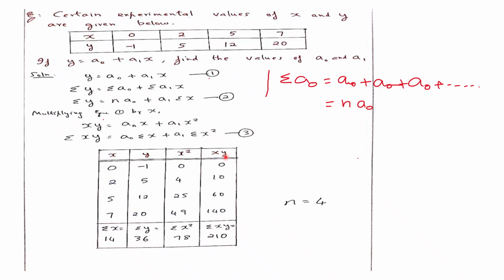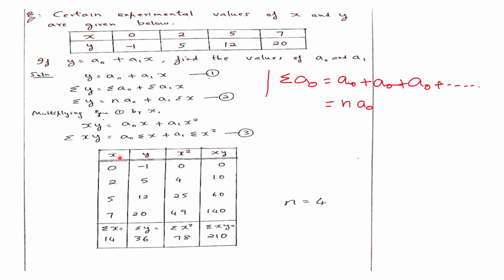Then in the last column, x into y. See, this is x, this is y. So 0 into minus 1 is 0, 2 into 5 is 10, 5 into 12 is 60, 7 into 20 is 140. Add all these, 0 plus 10 plus 60 plus 140, that is sigma xy, which gives you 210. Now what is this n?